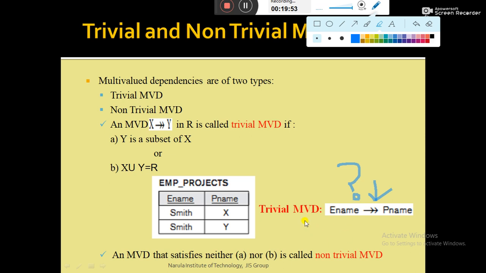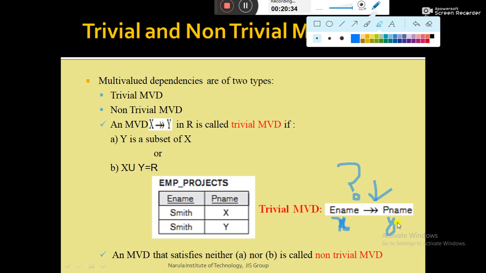Let's check whether any one of these two conditions is satisfied or not. Now ename double arrow pname, here ename is X and pname is Y. The first condition: X double arrow Y is trivial if Y is a subset of X. Here Y is pname. Is pname a subset of ename? No, they're totally two different attributes.